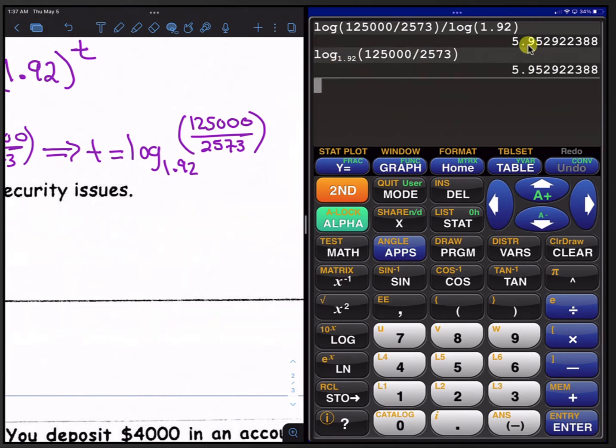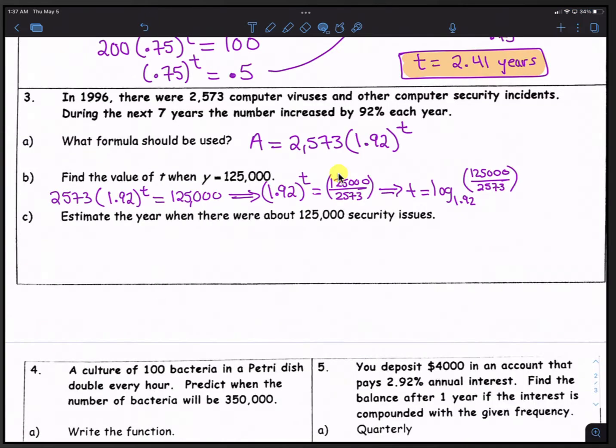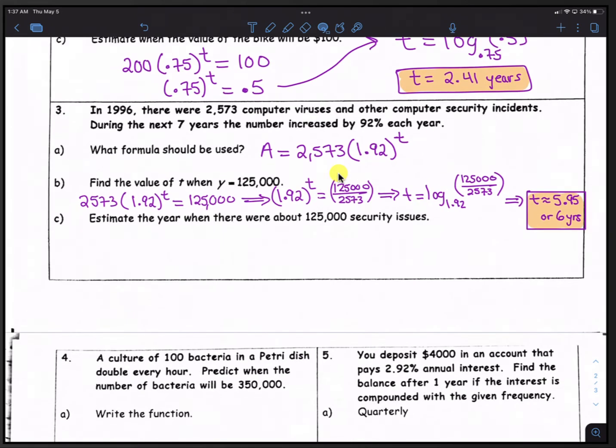And as you can see, we get the same answer. All right, so we are back on the page, and you saw that on the calculator it said t was approximately 5.95. We can just round that up to about 6 years. So in other words, it would take about 6 years for the value to reach 125,000.